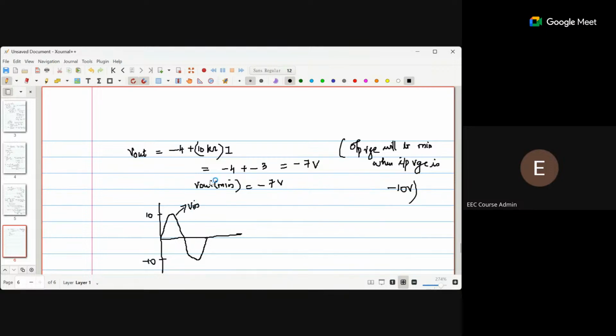Output will first stay till 4, then minus 7. This is plus 4, this is minus 7. So this is actually getting clipped at 4, and we will get till minus 7.